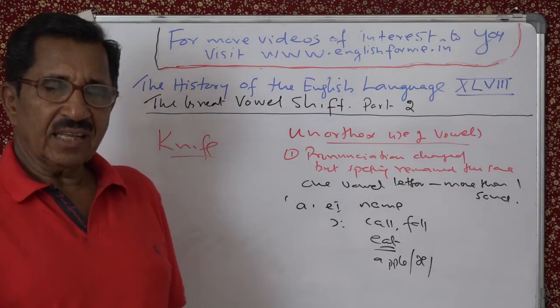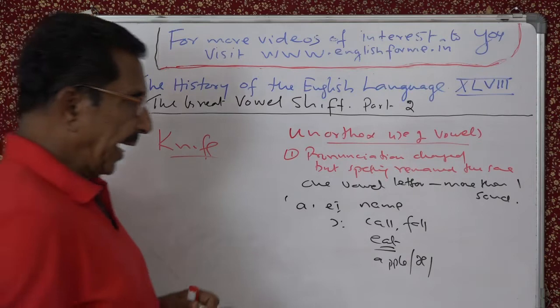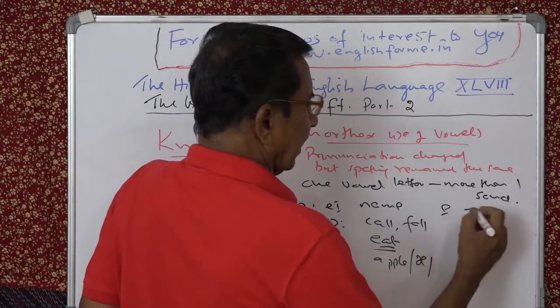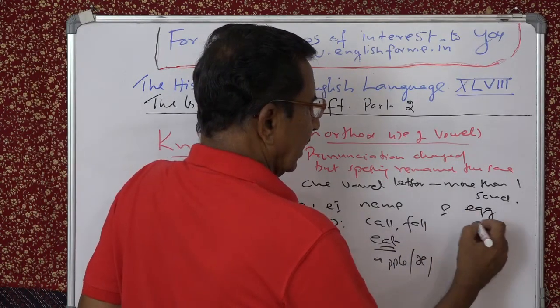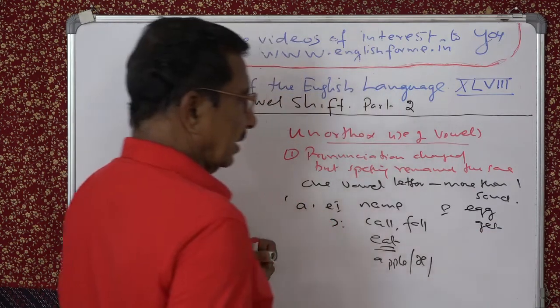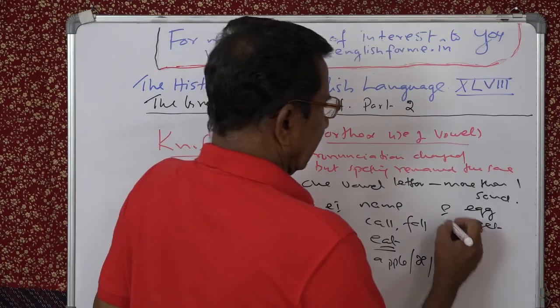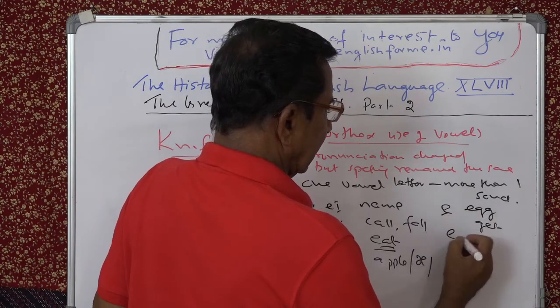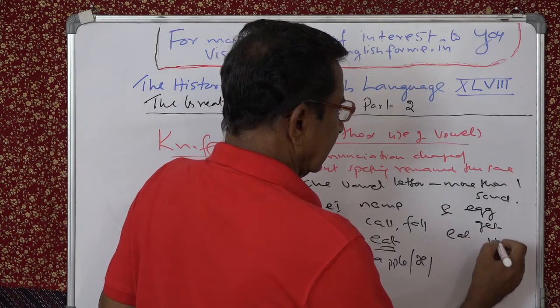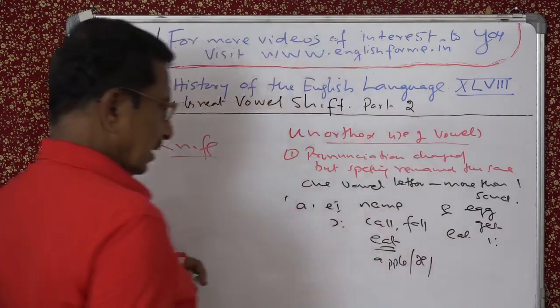Listen. And then you can see others. Egg, E spelling, egg, get. Then E-A-T, eat, see that, eat.